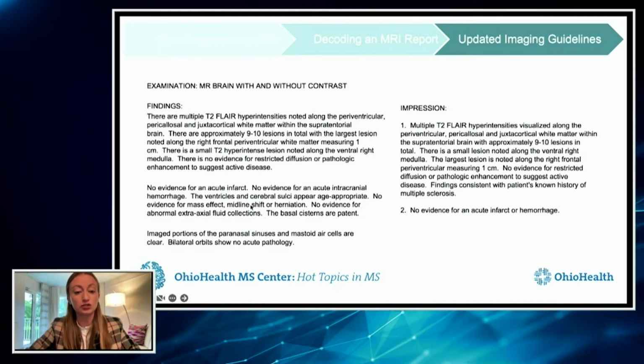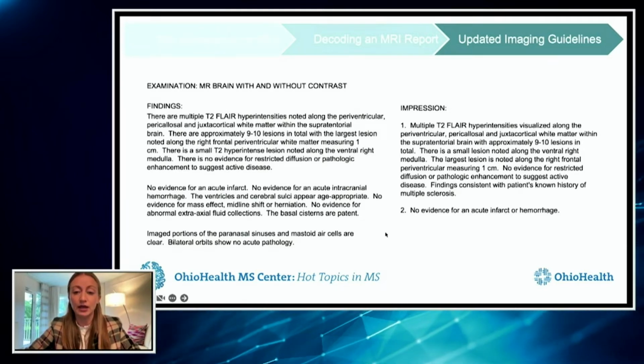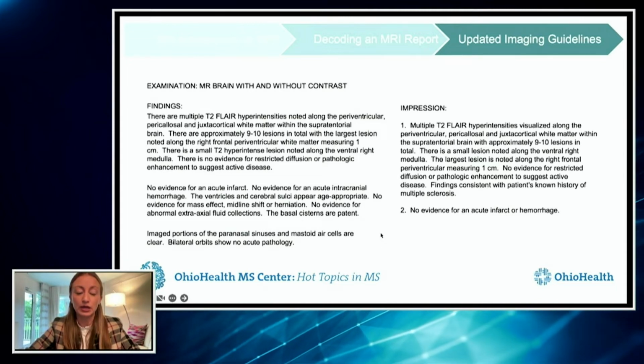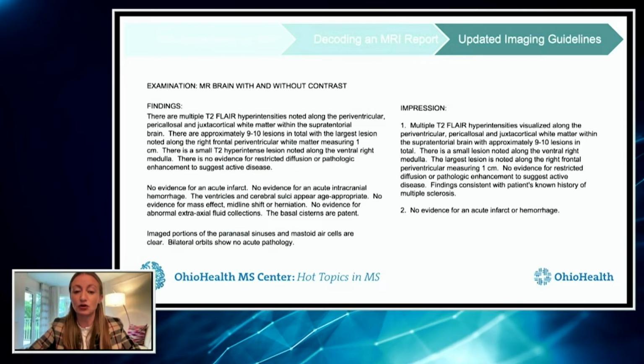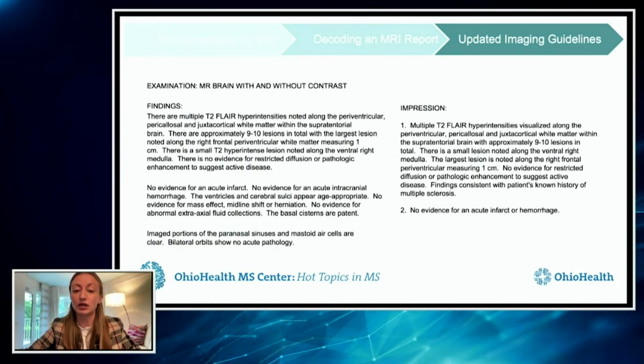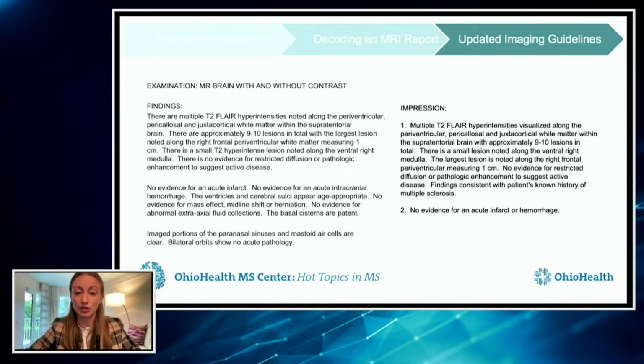They're looking at the overall structure of the brain. And then what we really want to pay attention to, at least at first, is the impression, because this gives us an overview of what the radiologist found and thought was important.